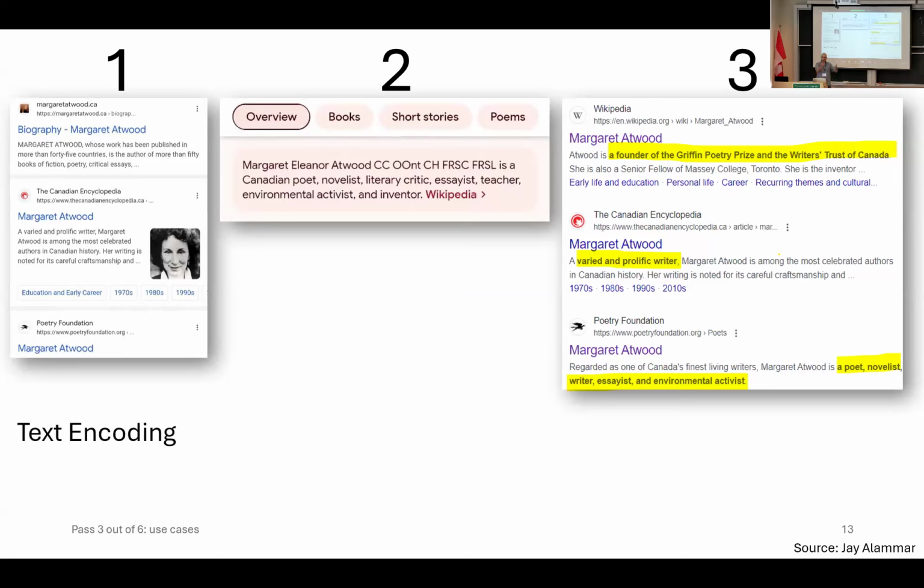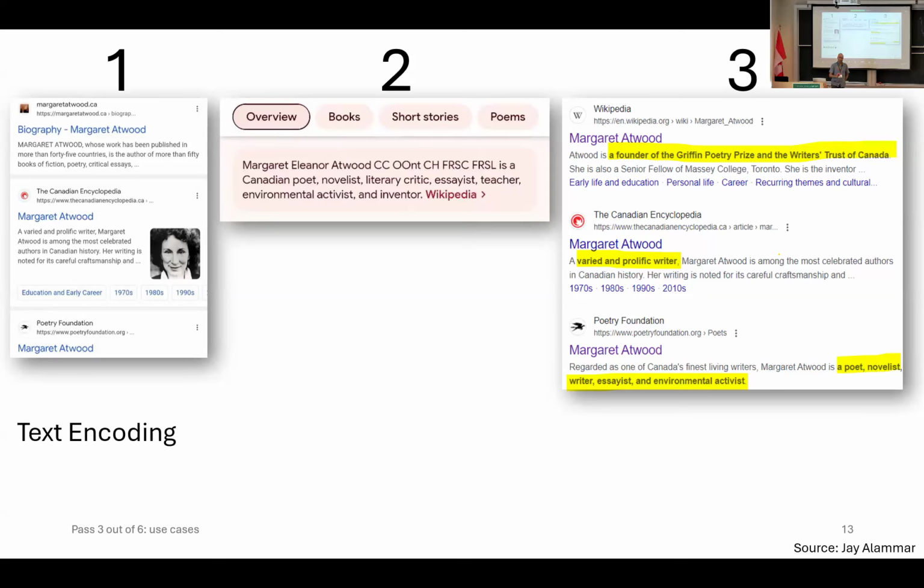So we have been using BERT, not just us, even my grandma has been using BERT for 6 years, she just doesn't know it. So for text encoding, this is one use case of BERT. Instead of just looking for exact keyword matches, Google search actually does text encoding, and that is why we would get relevant results even if there's a misspelling in how we type Margaret Atwood.